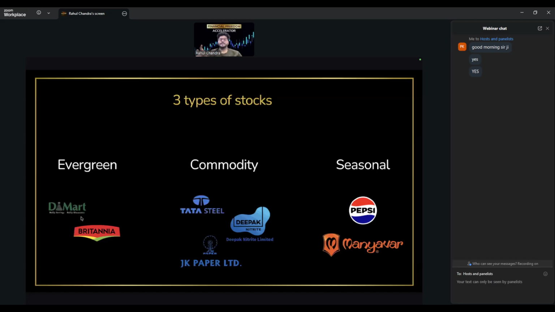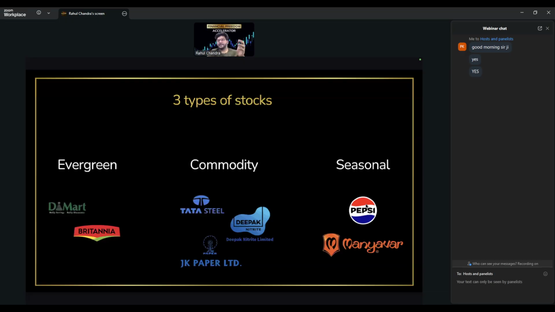Do people visit DMart less, let's say, summer versus winter? No. They will require the rations no matter what month in the year it is. Do people eat less biscuits or more biscuits in a particular month? No. It is evergreen. There is demand for this product throughout the year. Then we have seasonal stocks like Pepsi, Manyavar.